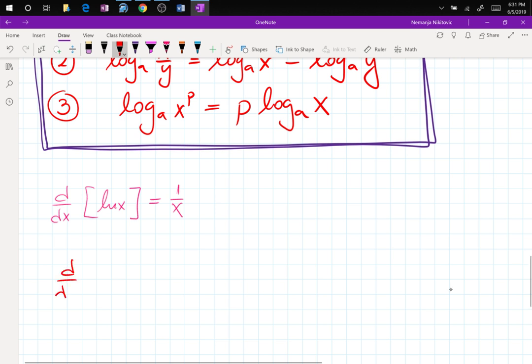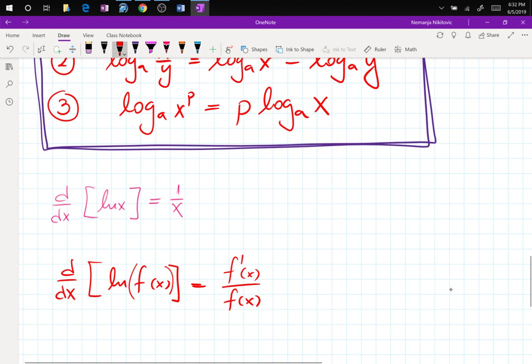So the most important formula is ln of f of x. ln is applied to f of x. And the derivative is simply f prime of x divided by f of x as is.